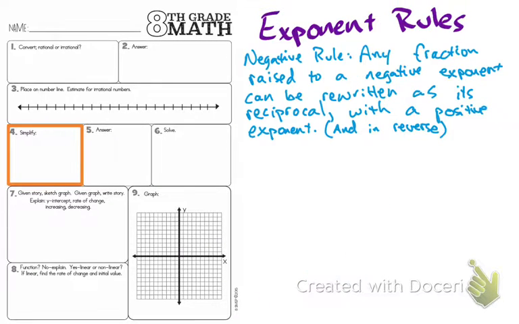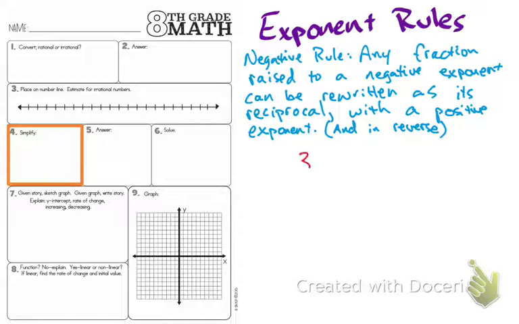And our final rule is our negative rule, or you might also like to think about this as a fraction rule. And this is any number that's being raised to a negative exponent can be rewritten as its reciprocal with a positive exponent. And we can do this in reverse as well, and so we can work with fractions while we are doing this.